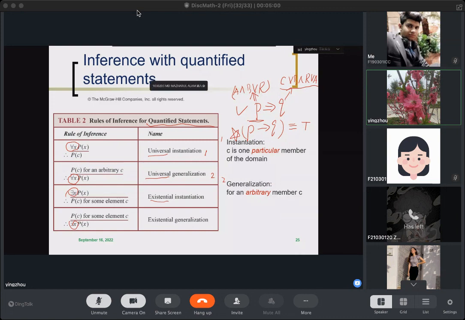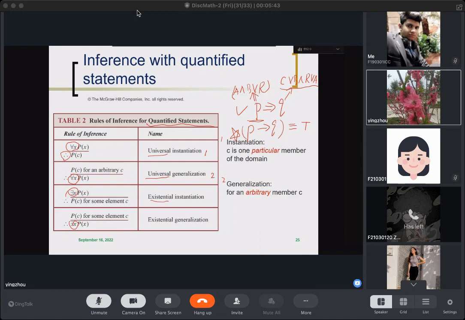If we know that for all x, P(x), every x has the feature P, then we can say for the special element c, which is one particular member of the domain, that although we know for all x satisfy P, of course c also satisfies P. So from for all x P(x), we get P(c). Okay.